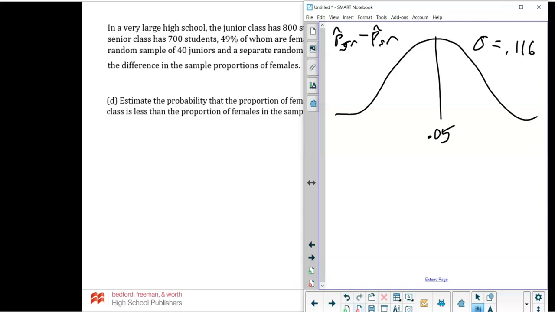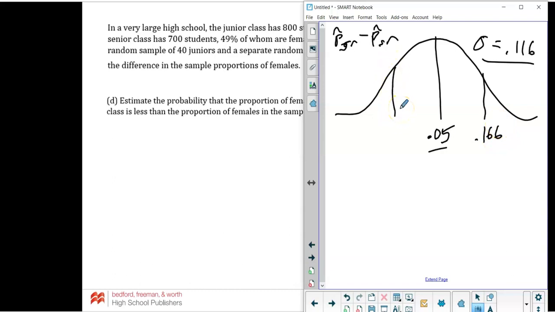Okay, so estimate the probability that the proportion of females in the sample for the junior class is less than the proportion of females in the senior class. So we've got these two values, the standard deviation and the mean proportion. We're going to add one standard deviation out, which would be 0.166, I think.